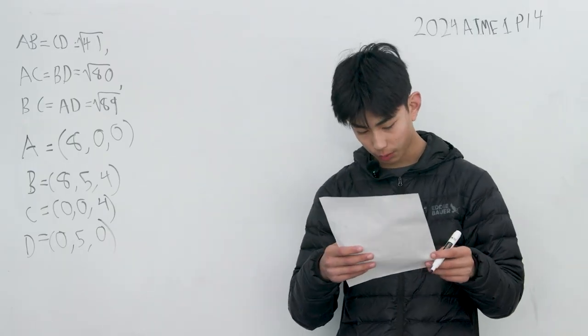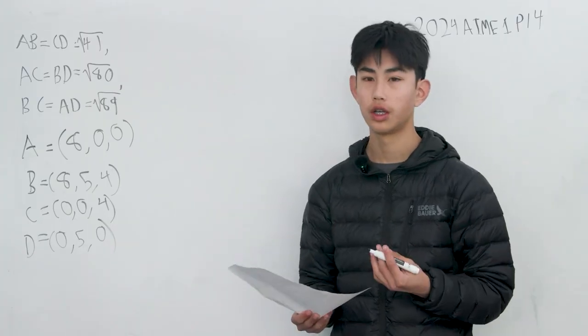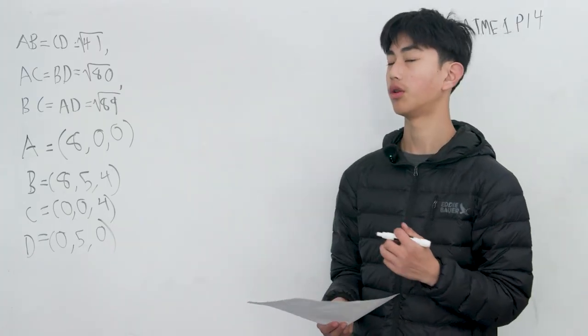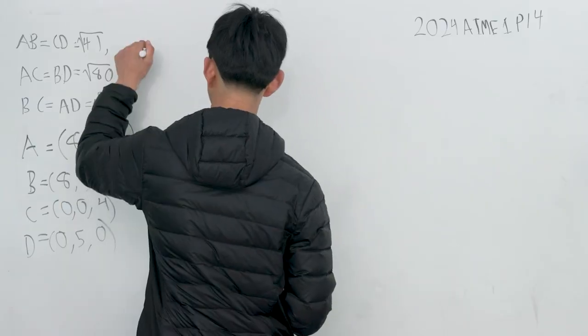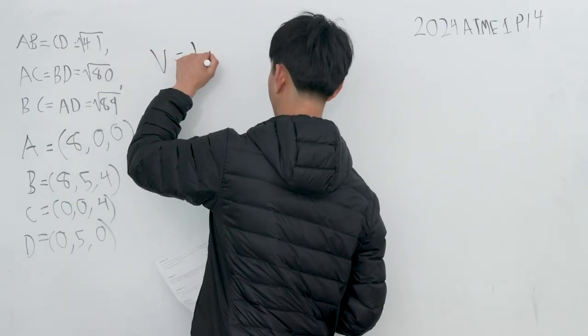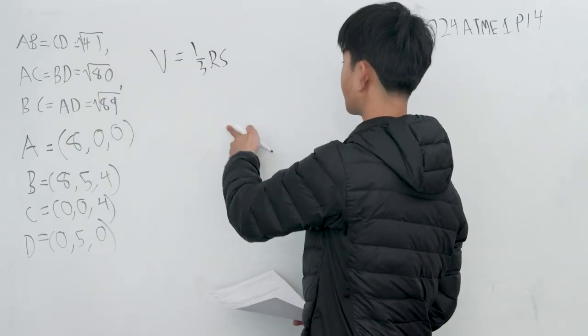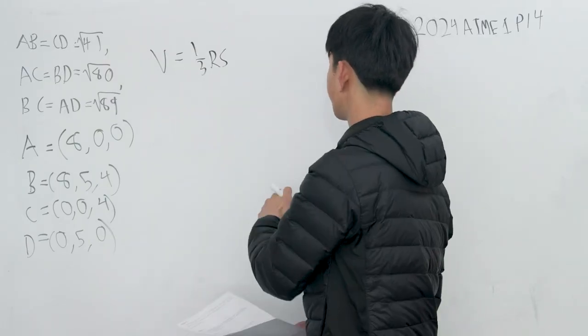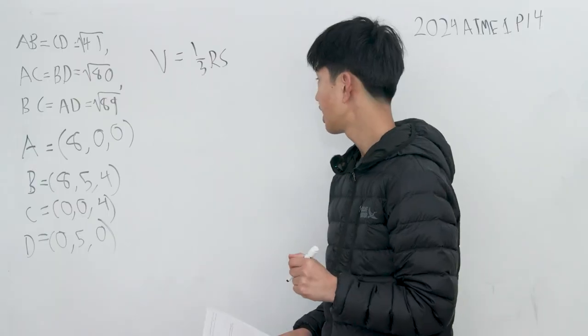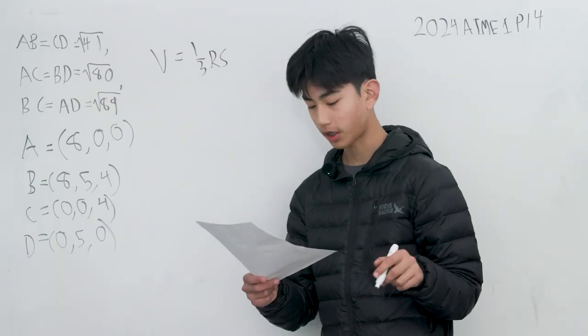Now, what we can do is, well, there's this formula, right? I'm just going to write it out. V equals 1/3 RS. So volume equals 1/3 times R, which is the radius of the insphere, and S is the surface area.